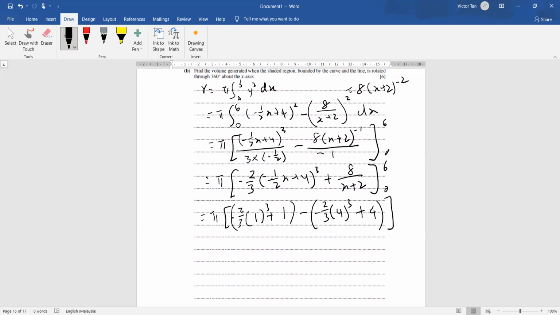Okay, good. So this is minus 2 over 3 times 1, which is minus 2 over 3, plus 1. Minus is plus, so this will be plus 2 times 4 cubed, 64, which is 128 over 3, minus 4.